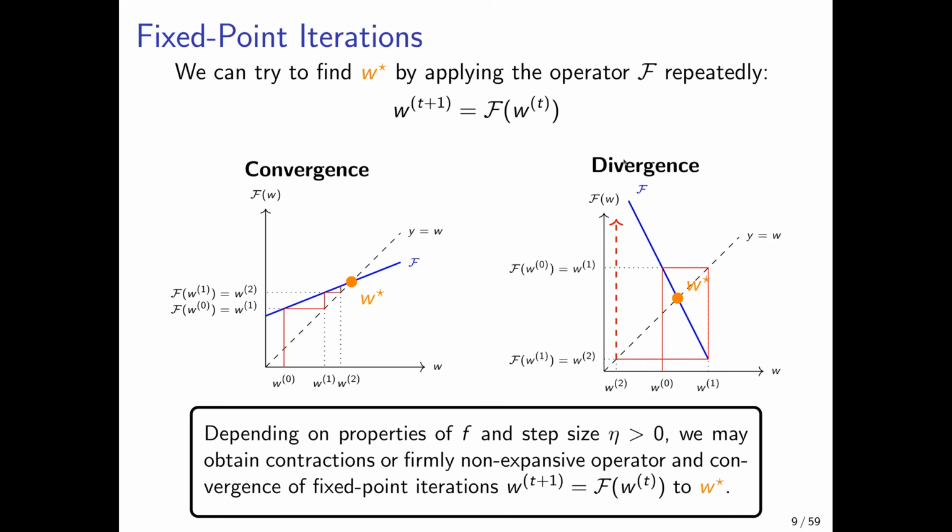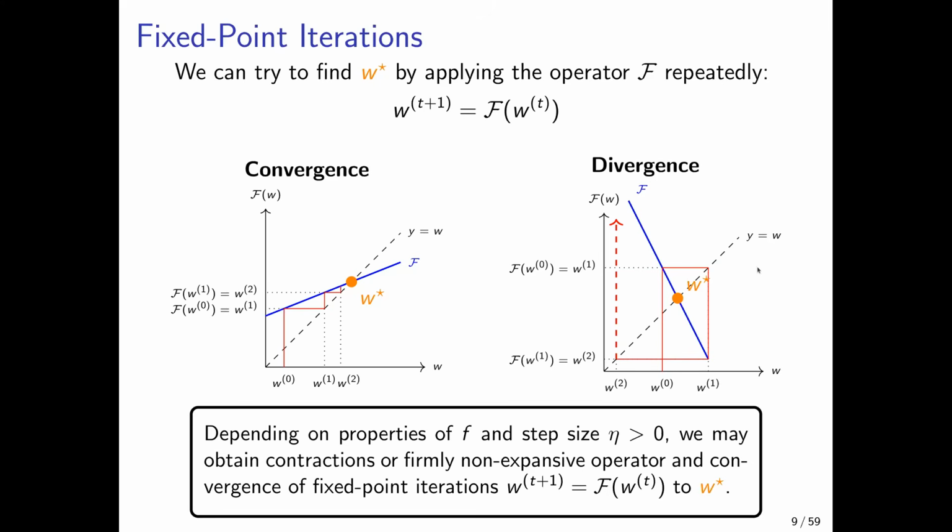So it turns out that this doesn't seem to converge. This seems to diverge, and it looks a bit like a spiral that is moving away from the fixed point. Later on, with the knowledge that we will acquire in this lecture, we will be able to understand exactly what is going on and to say exactly why we have convergence on the left-hand side and divergence on the right-hand side.